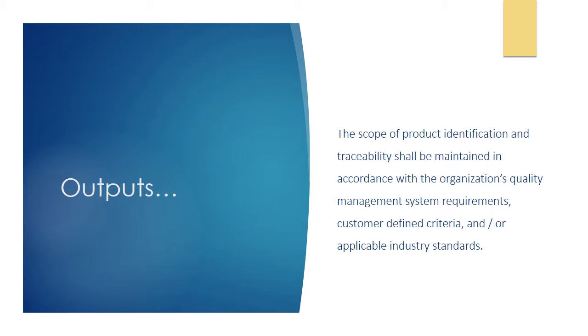The scope of product identification and traceability shall be maintained in accordance with the organization's quality management system requirements, customer-defined criteria, and/or applicable industry standards.